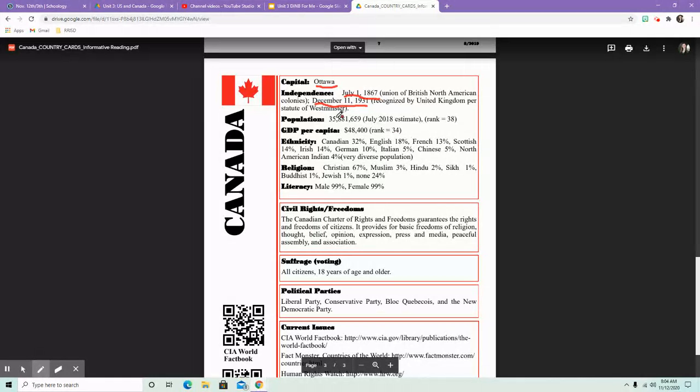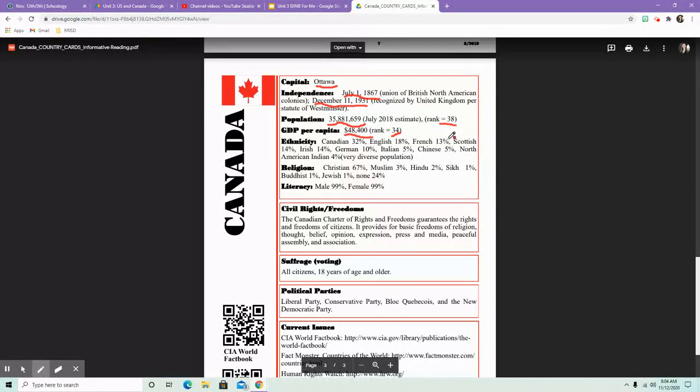Their population is much smaller than the USA. They're ranked 38 in the world based on a census in 2018. They have about 35,881,659. They're ranked lower in GDP as well, so they're getting about $48,400. Their ethnicity is made up of a lot of different things.